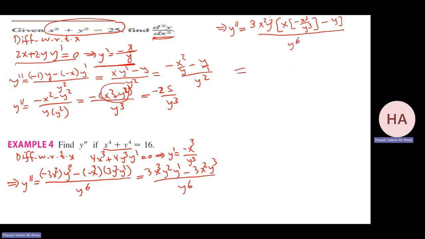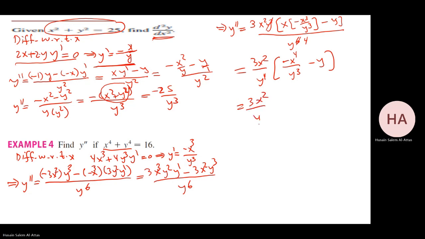So that gives me what? This will be cancelled. I have 3x squared over y to the power 4 times this, which is what? Minus x to the power 4 over y cubed minus y. And that will be what? Minus x to the power 4 minus y to the power 4 over y cubed, times 3x squared.